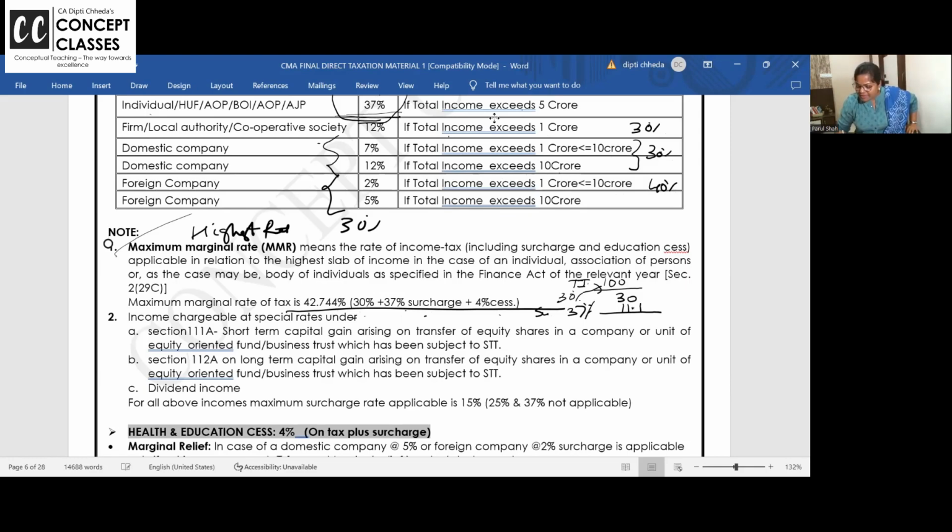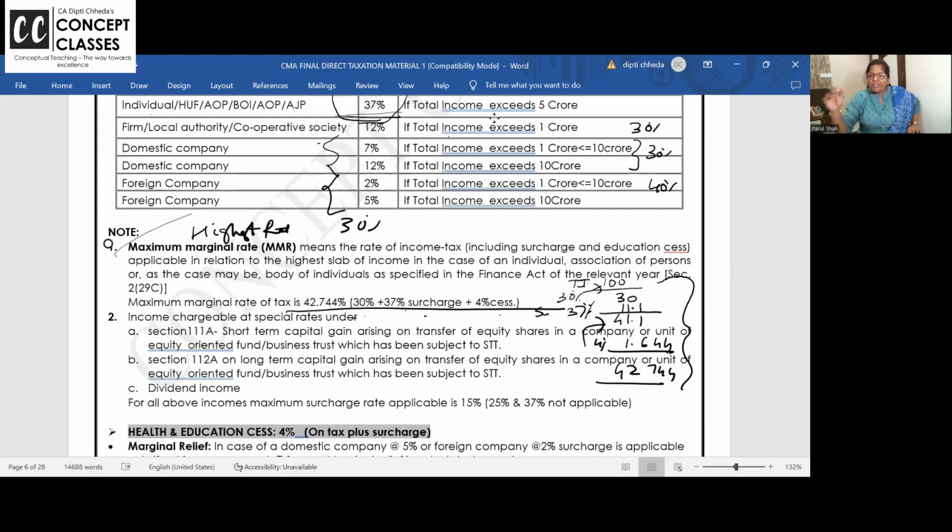On tax, 37% is 11.1. What is tax plus surcharge? 41.1. On this, calculate 4%. Cess on 41.1 at 4% is 1.644. And now see how much it is coming. 42.744. I always say this logic, if you remember, you can work it in the calculator in the exam.